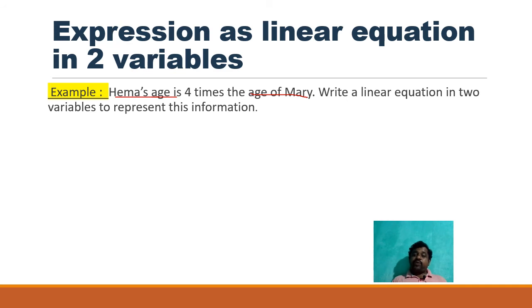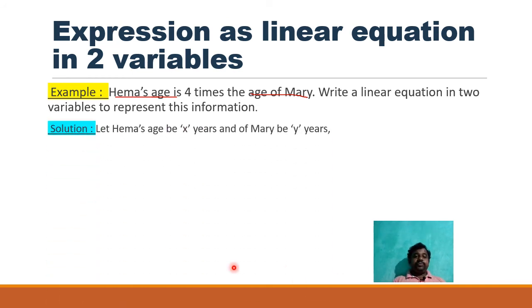The unknown quantities are the ages of Hema and Mary. The age of Hema and that of Mary are unknown quantities. We can take A, B, C, X, Y, Z for unknown quantities.